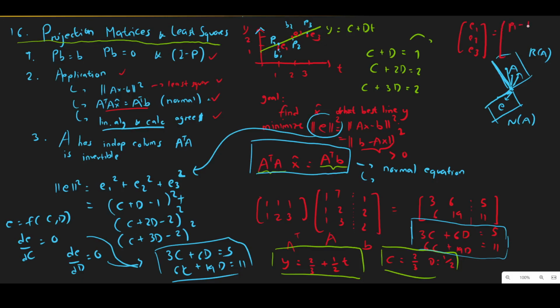You can verify that e1, e2, e3 dotted with our basis of A, which is this column vector, equals 0.